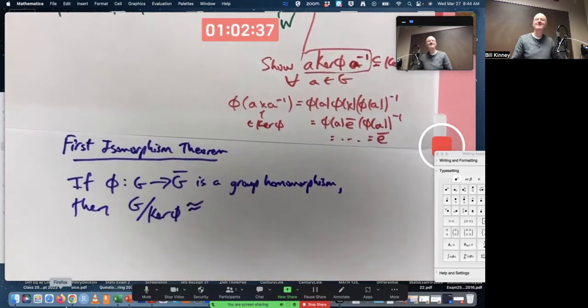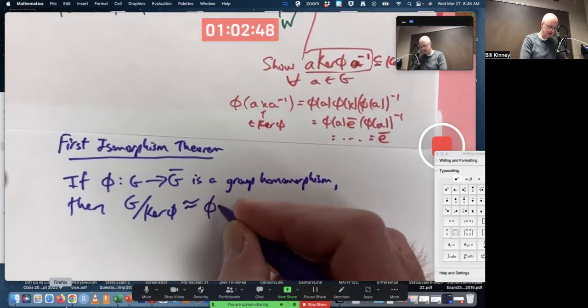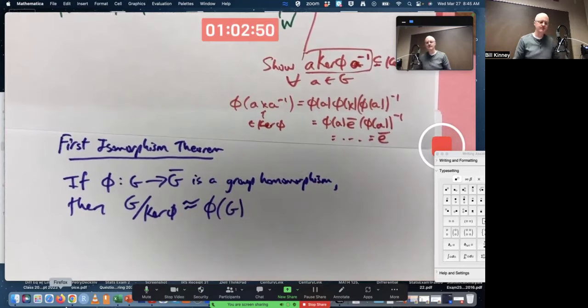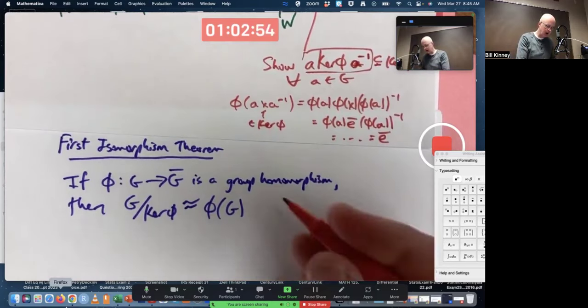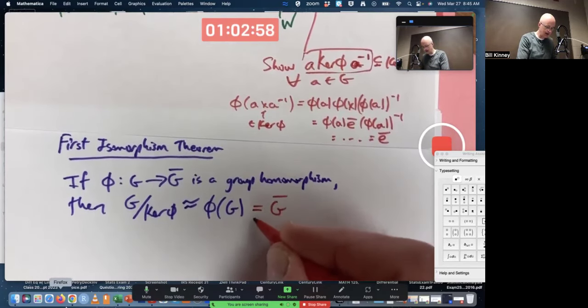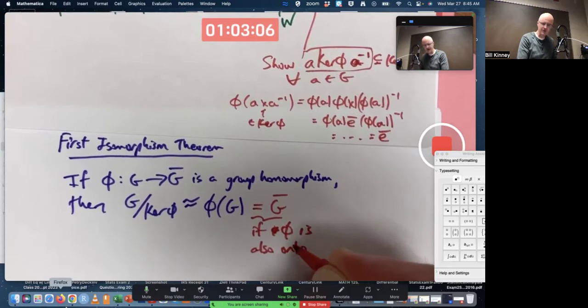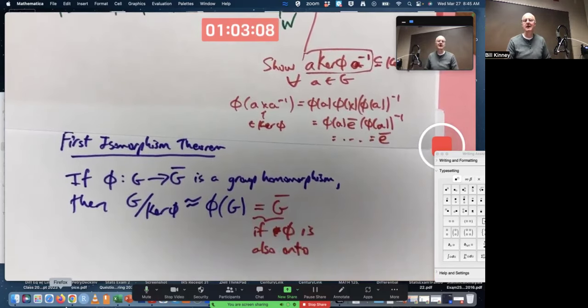Well, you'd like it to be isomorphic to G bar, but that's only the case if phi happens to be onto as well. In general, it's isomorphic to the direct image of G under phi, which will equal G bar if phi is also onto. But in general, it may not be onto, and so it may not be equal to G bar.